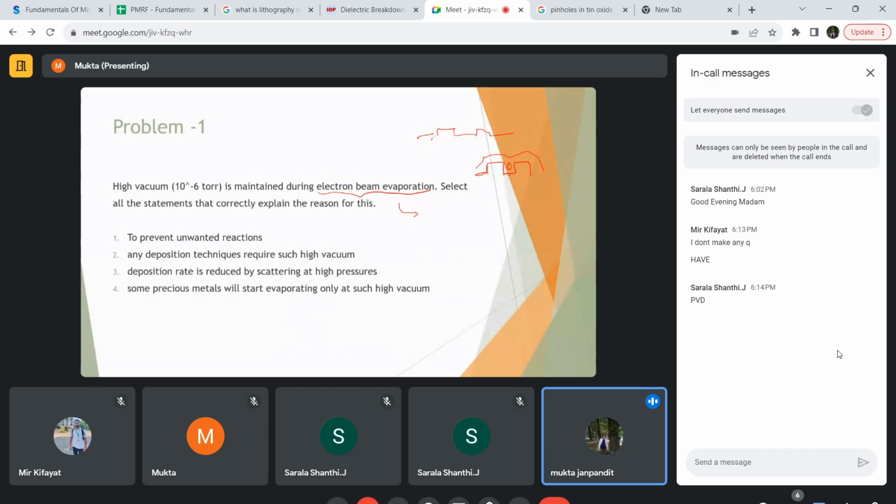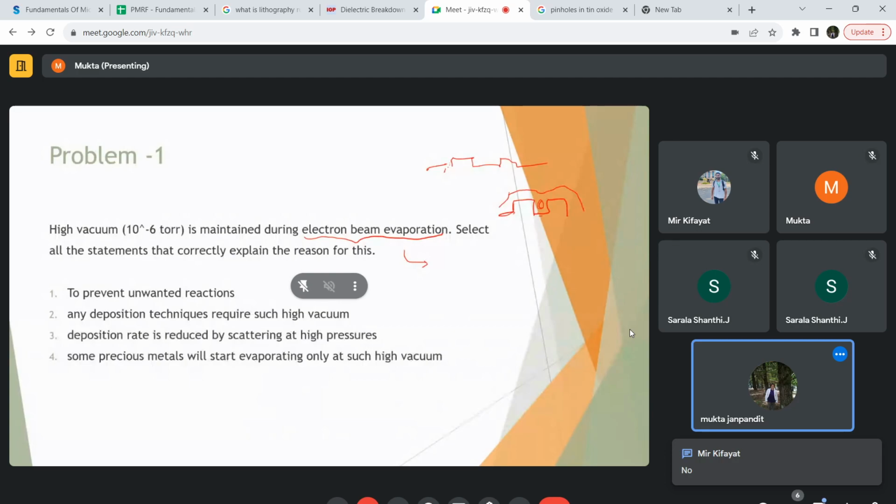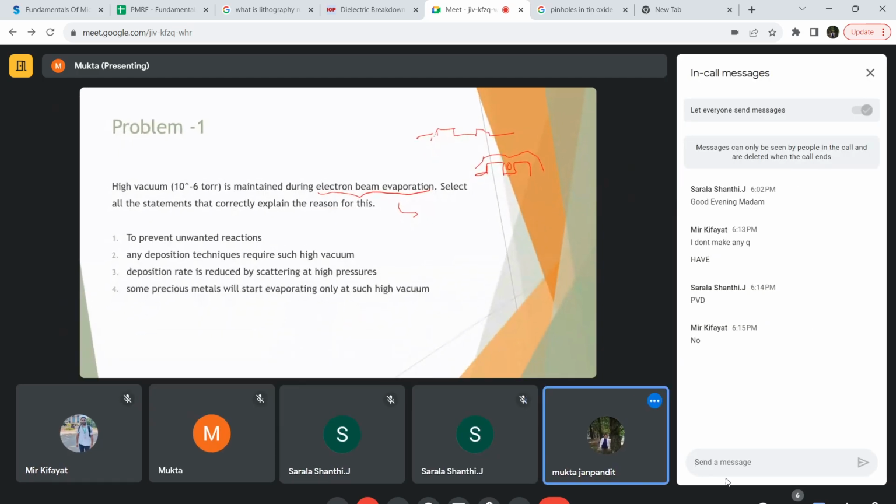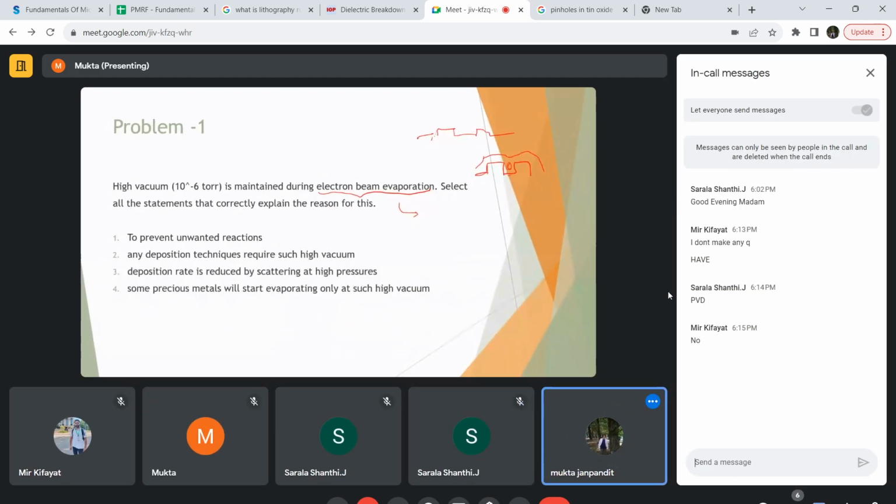Can you see the screen? I don't see any updates on my screen, so I'm confused. No, right? Okay, in that case, it is getting stuck.